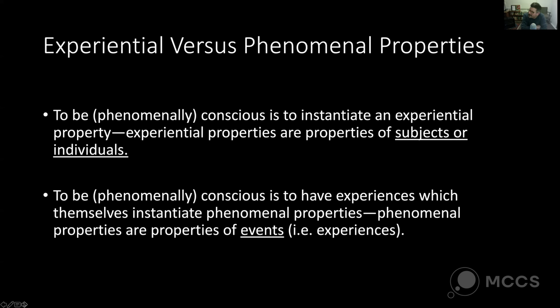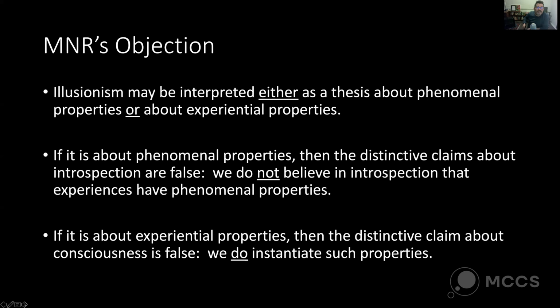It is not that hard to come up with properties of events, like lasting the whole afternoon. That's a property of an event. But it's much harder to come up with examples of what a phenomenal property is. And that will turn out to be part of the point that Nida-Rümelin is trying to make. Okay, so with this distinction in hand, what is her objection to illusionism?